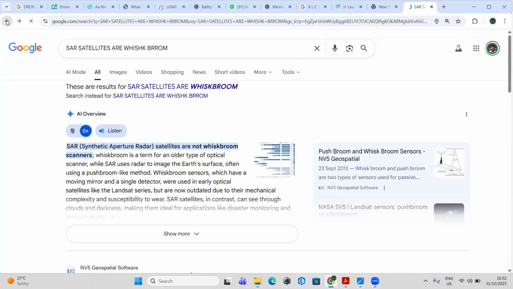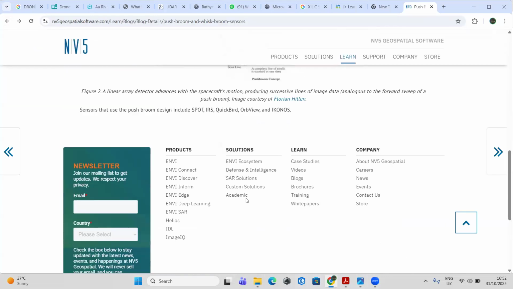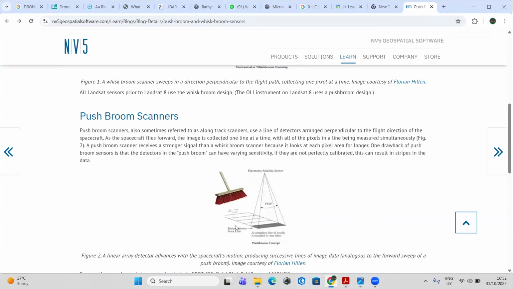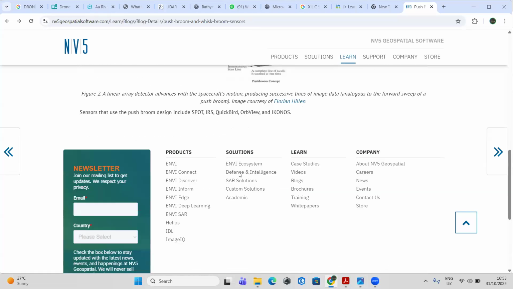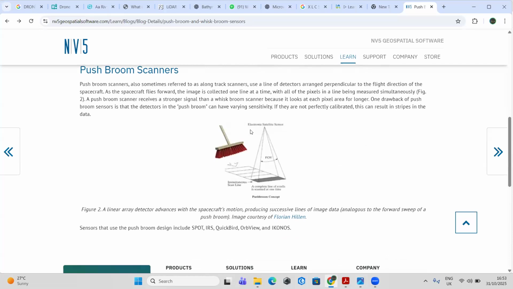So a SAR satellite will never capture what is below it. Just to remember this, in whisk broom, it captures what is just 90 degrees to it also. This is the satellite capturing, it is moving like this. Whereas in the other case, it will not capture what is below it. It will capture in the forward direction.